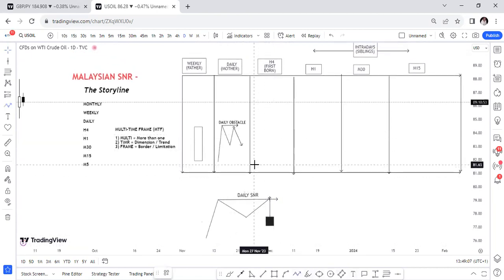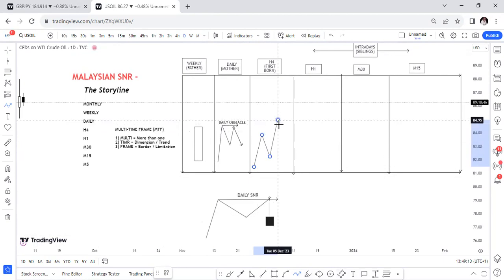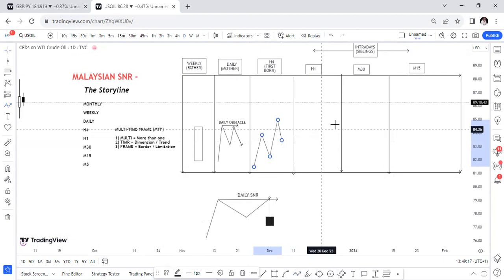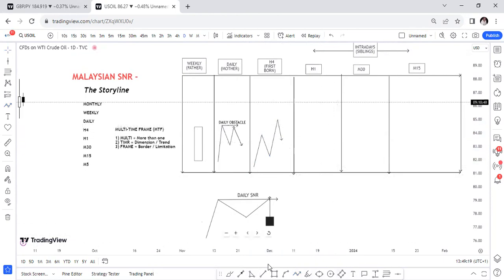You want to see something like this, a breakout. So this is a breakout of this SNR.